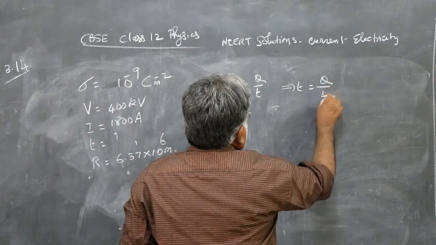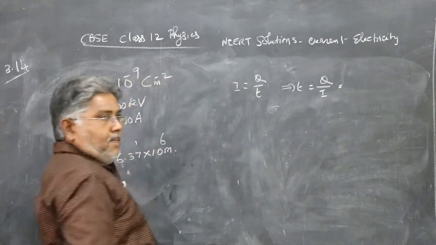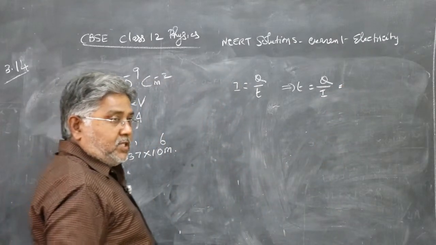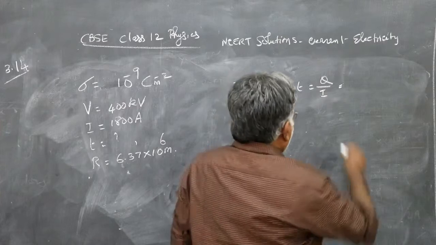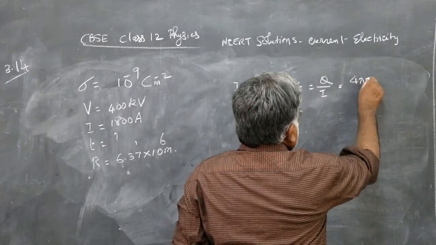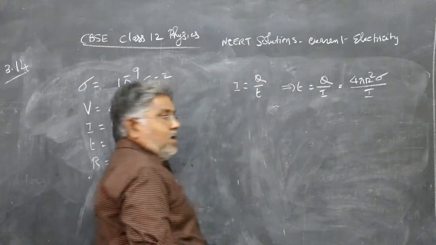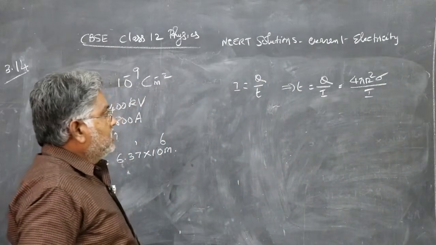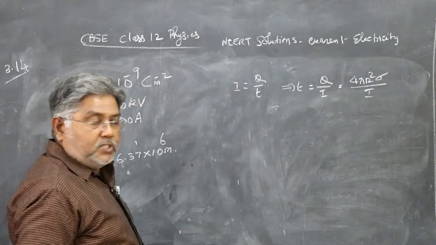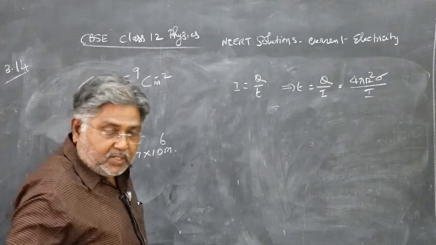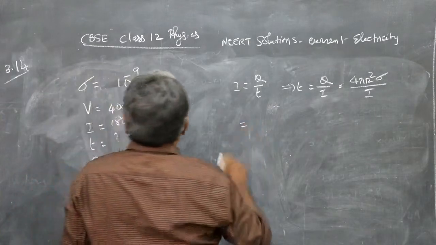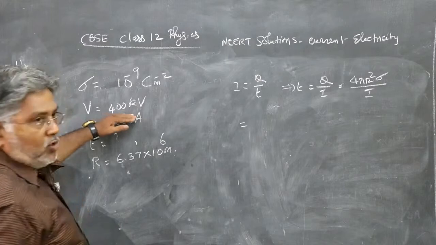T is Q by I. I is given as 1800 ampere. Q is 4 pi r squared sigma. So T is 4 pi r squared sigma by I. That's all. R is the given radius of the Earth, sigma is the given surface density, I is given as 1800 ampere. Simply substitute. Maybe you will not use this 400 kilovolt.